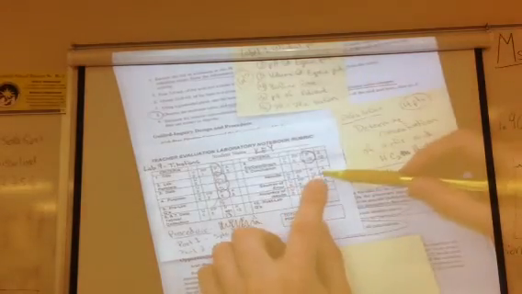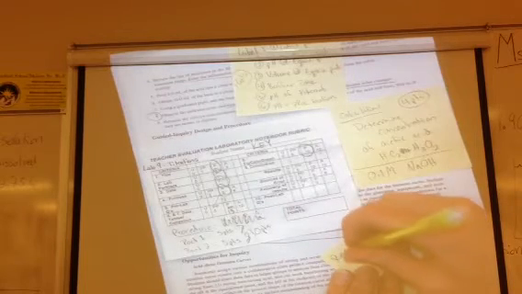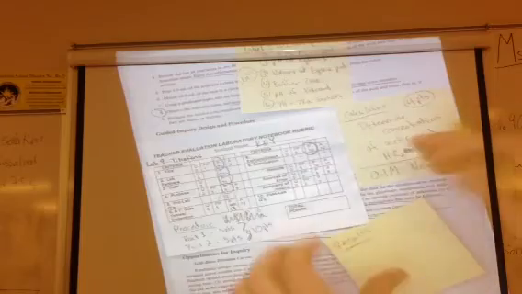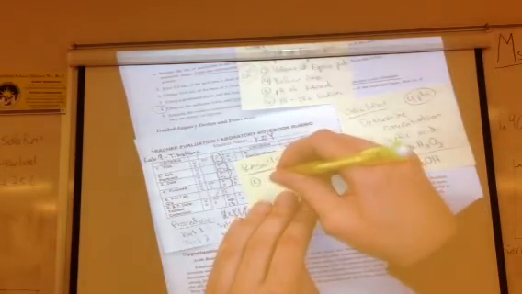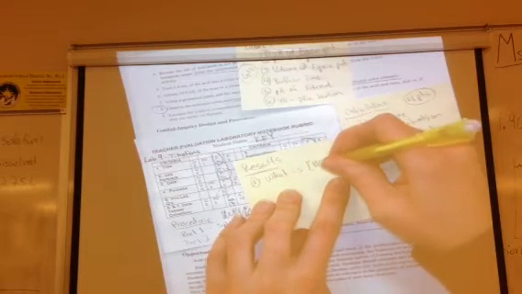For the results, there's a few things I want to look at. First, what is your concentration of the acetic acid?